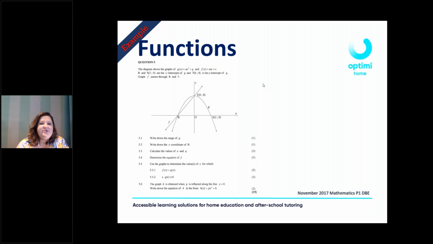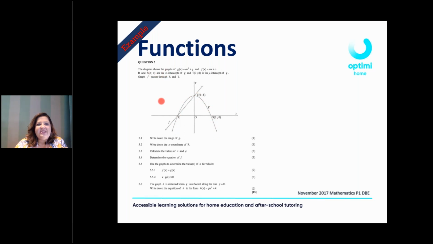Graph f passes through R and T. So I have a straight line, which is represented by f, and I have a parabola, which is represented by g. And if you look at that, you already know that your a value should be negative because I have a sad face over there.